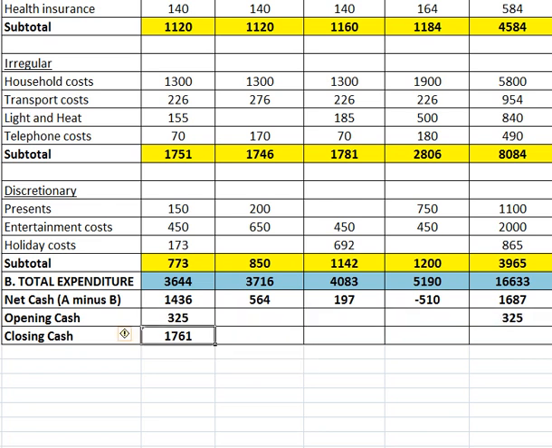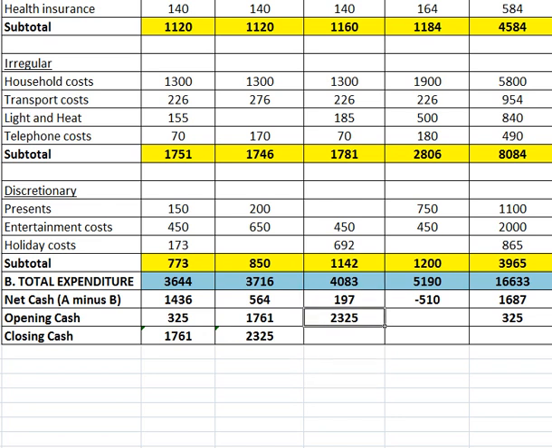The closing cash for September becomes the opening cash for October. And then net cash plus opening cash gives closing cash. Closing cash for October becomes the opening cash for November.